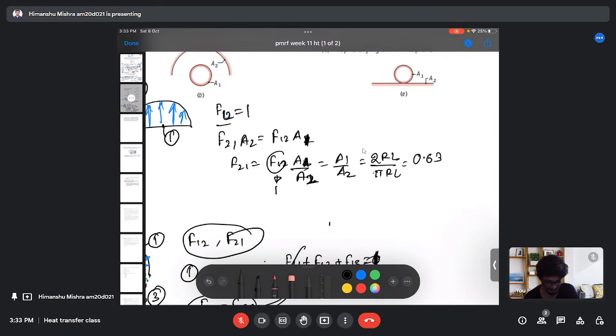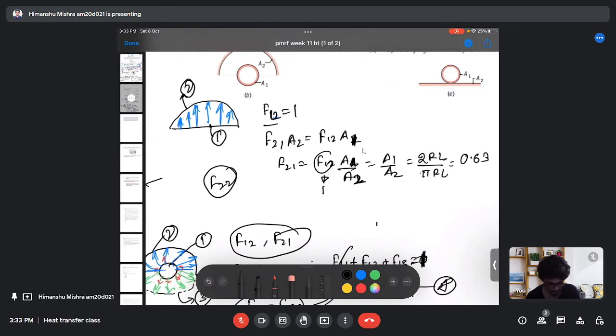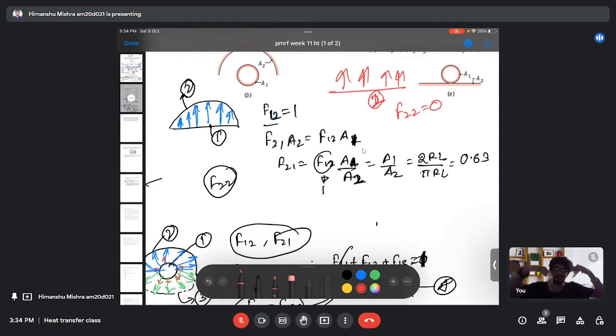Now suppose we need to find F22 also. We need to find the radiation factor F22. As I discussed in question 1, for a flat surface, let's say this is my surface 2, F22 will be 0. That means the radiation coming out from surface 2 will not reach surface 2 itself. It is just going out from surface 2. But if it is a curved surface like this, then this can happen.